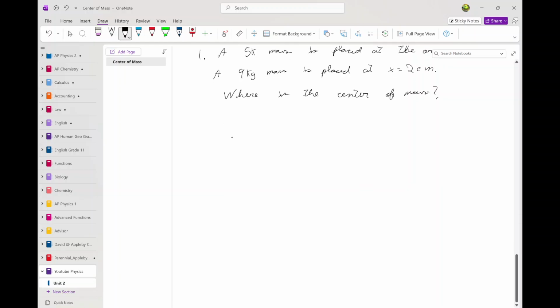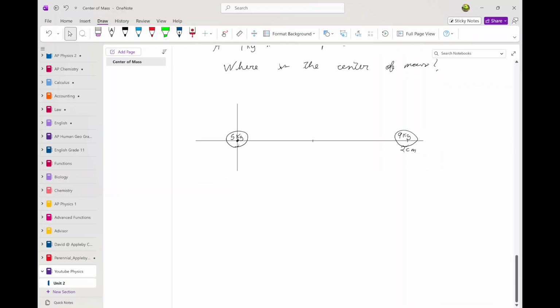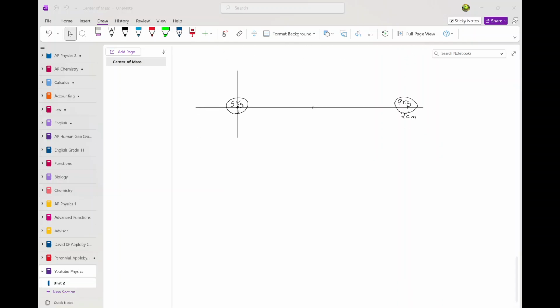So, as always in physics, let's draw it out. We have the origin here, then 2 centimeters around here. So we have a 5 kg, and then a 9 kg. What was the equation for the center of mass? You can just state down the axis first.